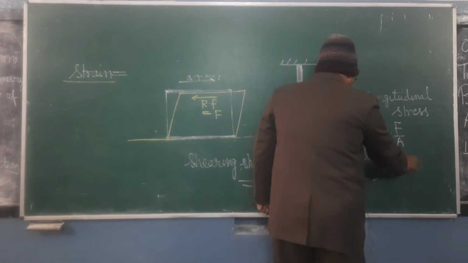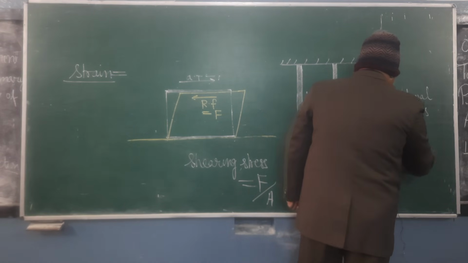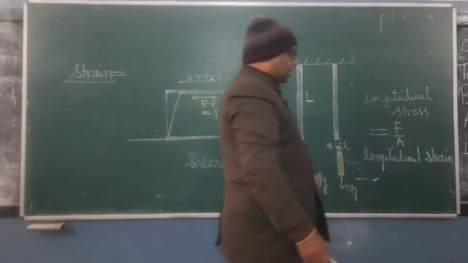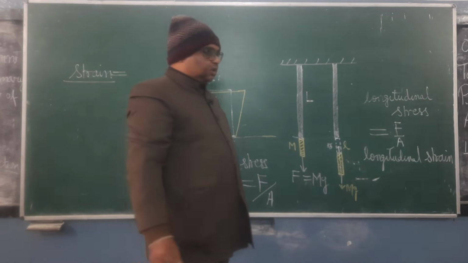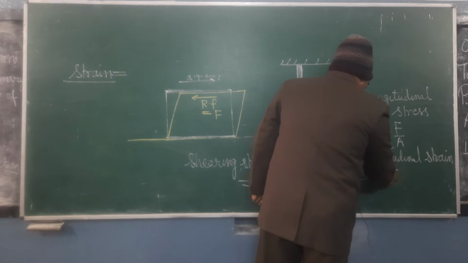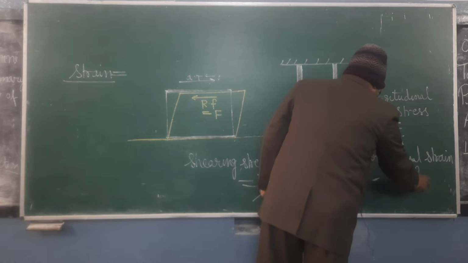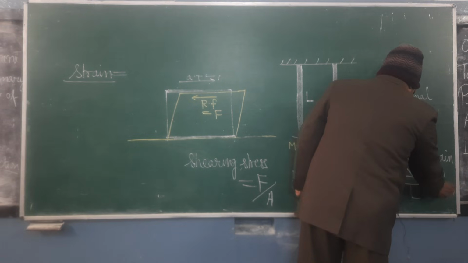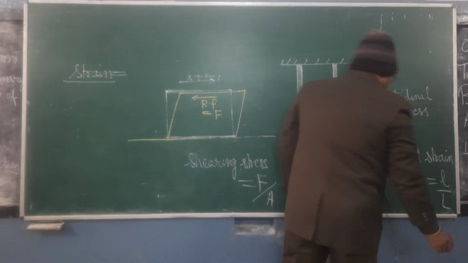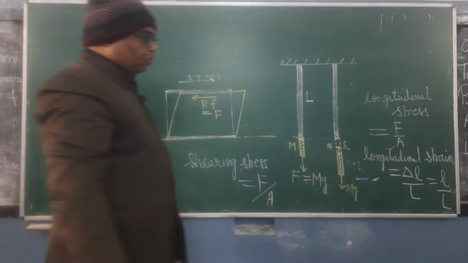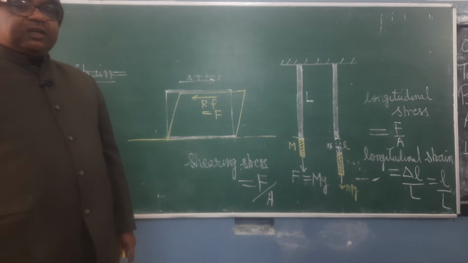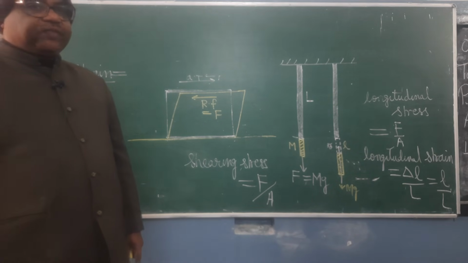Here the dimension is characterized by length, so it is change in length upon original length. Change in length is small l, original length is capital L. What is the unit of strain? There will be no unit because it is a ratio.